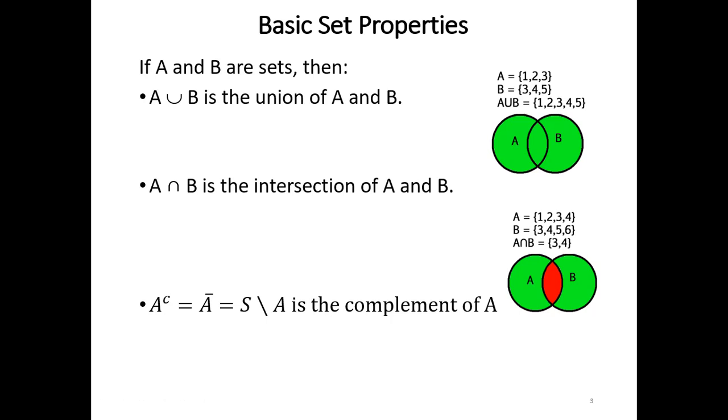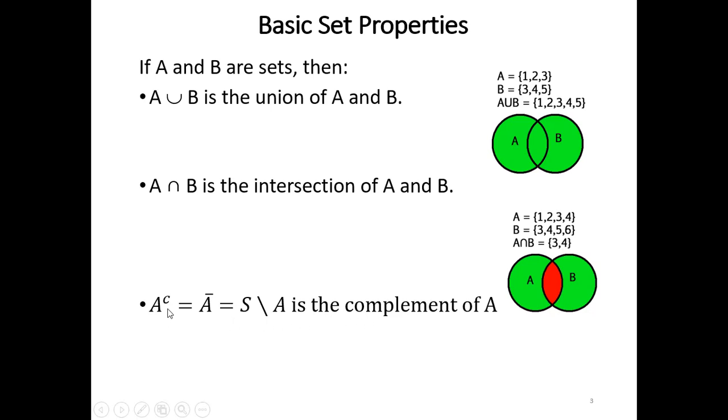And the last operation on this slide is the complement. We say that A complement is the set of elements in S, where S might be a universal set or sample space, minus or take away the elements in A. So this is a complement.